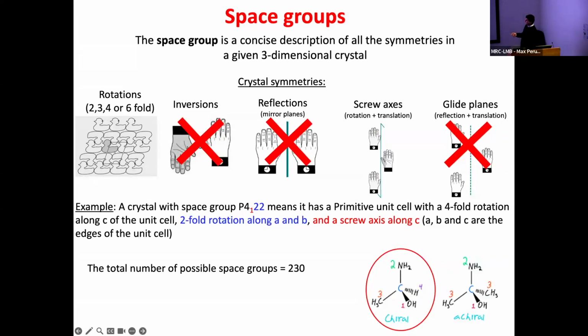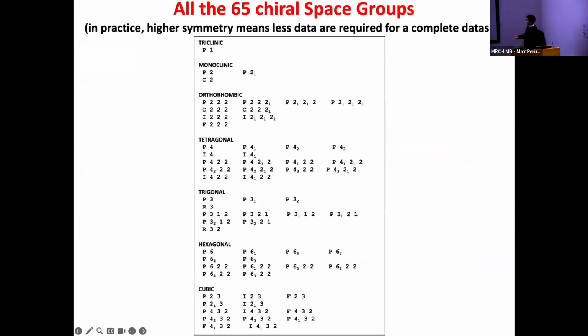Therefore, the combination of screw axes and rotations only allows for 65 space groups to exist in the protein world. And these are all the 65 space groups that you will ever encounter in proteins. A little caveat: there can be some very special cases where you might find 5-fold symmetry or strange things, but these are super rare cases.